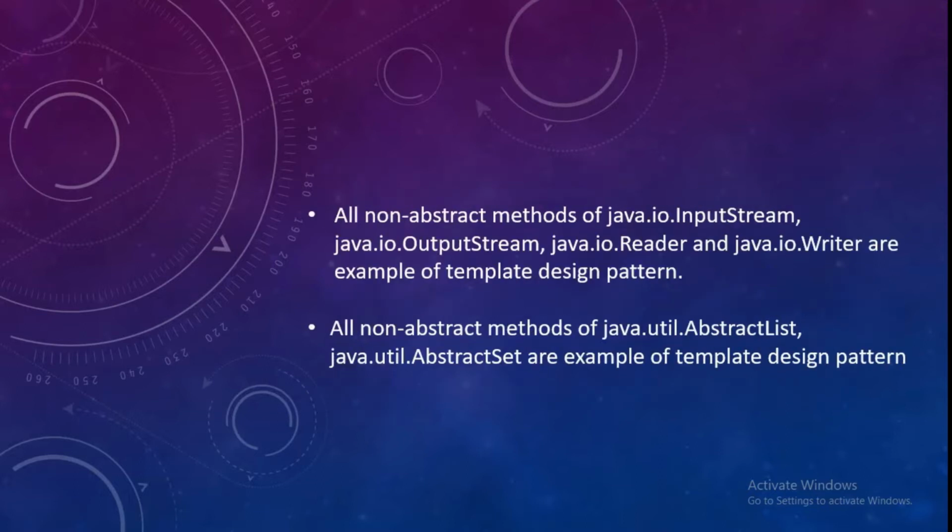In the JDK, all the non-abstract IO stream, output stream, and reader and writer classes follow the template design pattern. In Java, if we talk about the abstract list, abstract set, or abstract map, all of these are examples of the template design pattern.